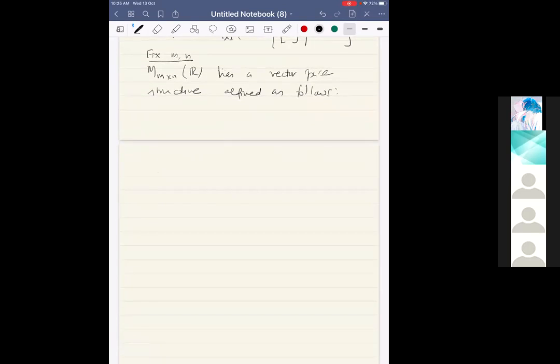If I take two matrices A and A prime, of size M cross N, both of them have M rows and N columns. So A11, A1N, AM1.